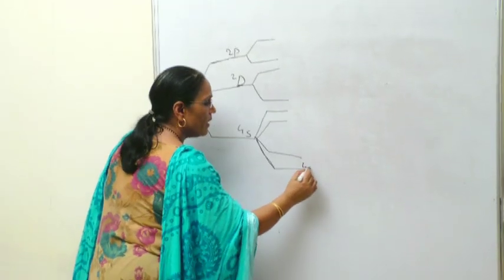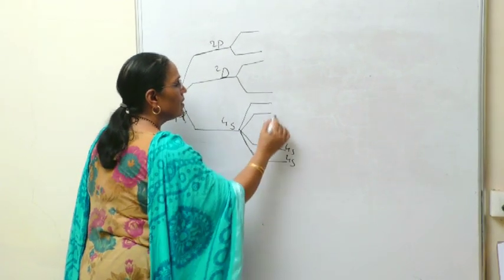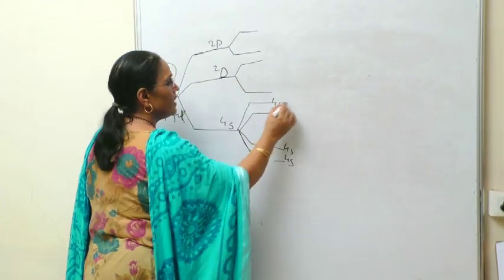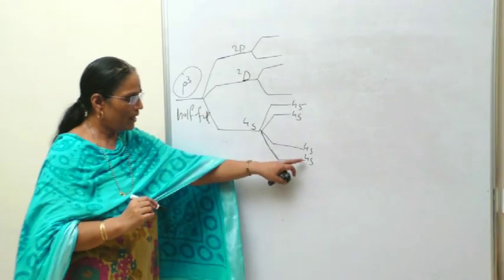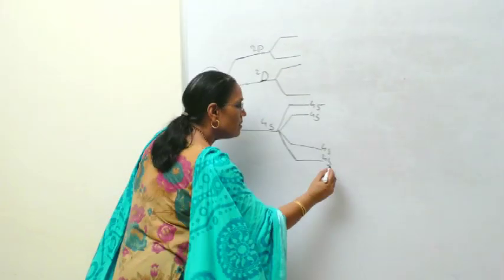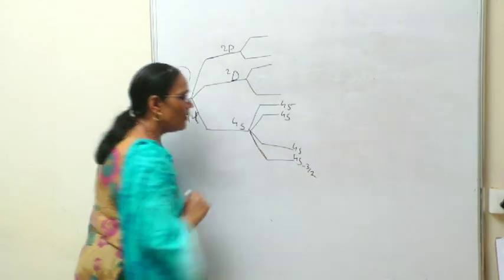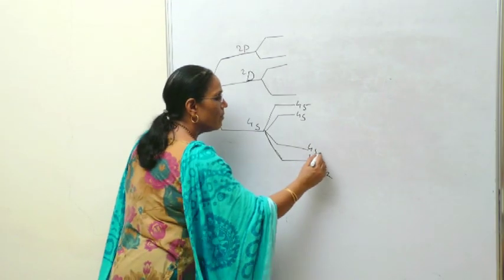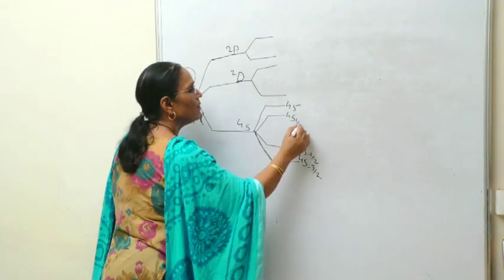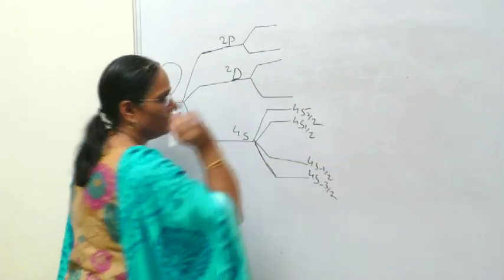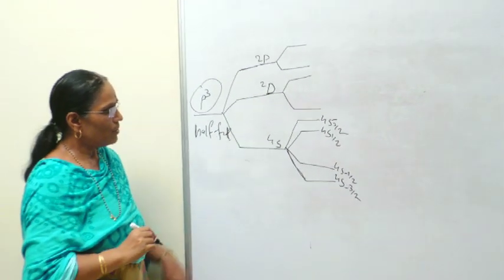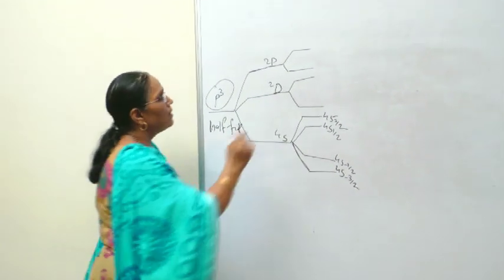So for quartet S, the lowest will have minus 3/2 J value, followed by minus 1/2, plus 1/2, and 3/2, according to Hund's rule.